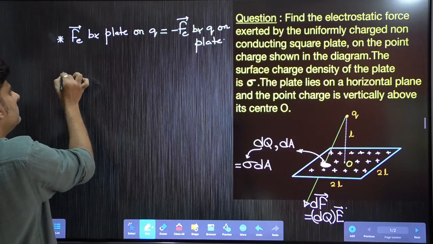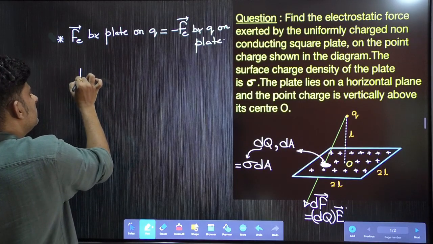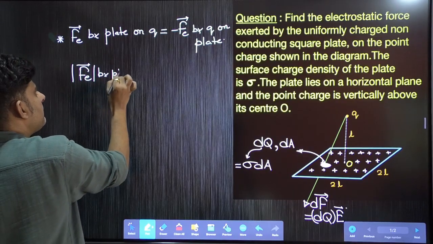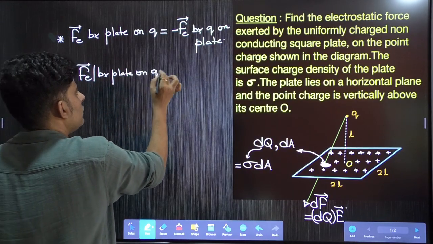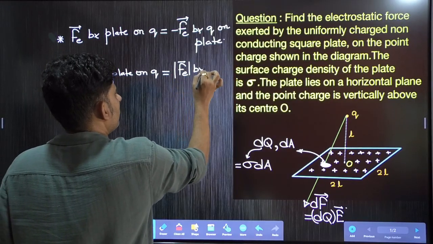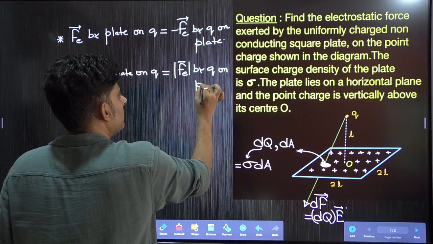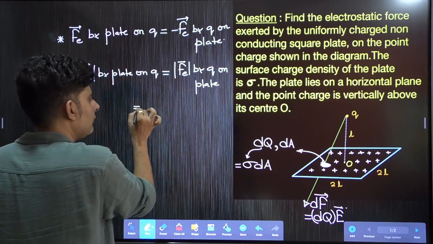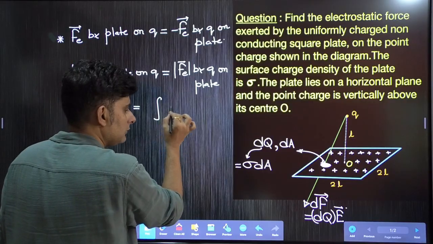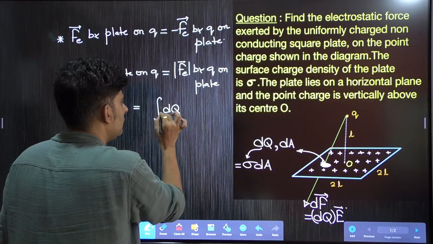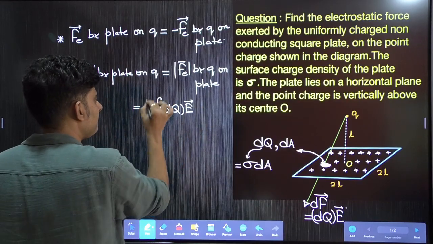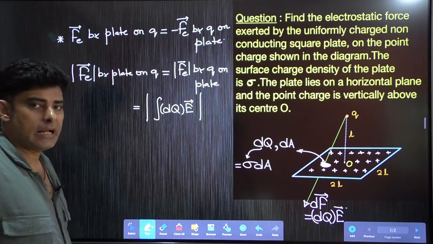So the magnitude of the force by the plate on Q will be the same as the magnitude of the force by Q on the plate, and this value will be nothing but the integration of dq E. We have to take its magnitude.